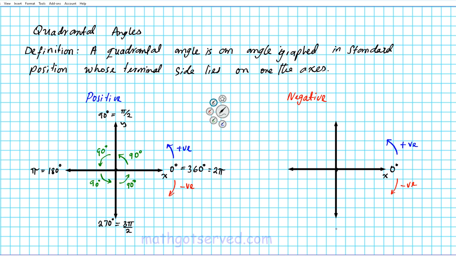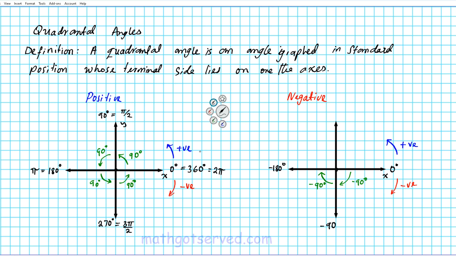So this is negative 90 degrees right here. Rotate in the clockwise direction, so that's negative 90 degrees. You rotate another quarter of a circle, right, subtract another 90 degrees. That will take you to negative 180 degrees.